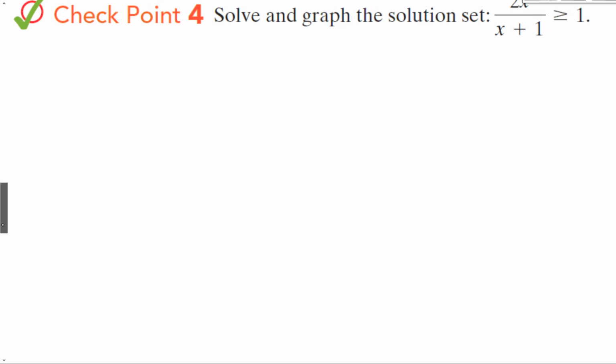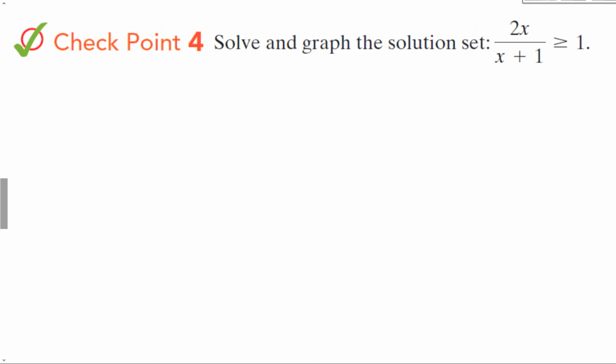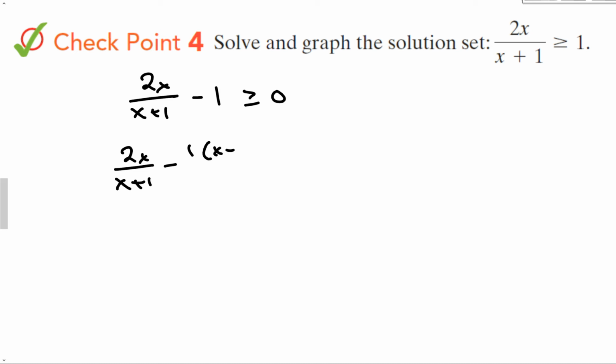Let's try another one. Okay? So first step. So we have 2x over x plus 1. Subtract 1 from both sides. Okay, we're going to have to put these together. So that's 2x over x plus 1 minus 1 times x plus 1 is my common denominator.